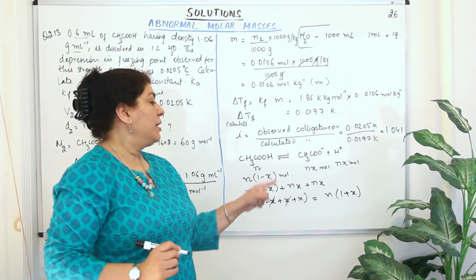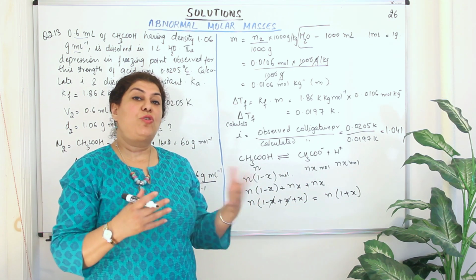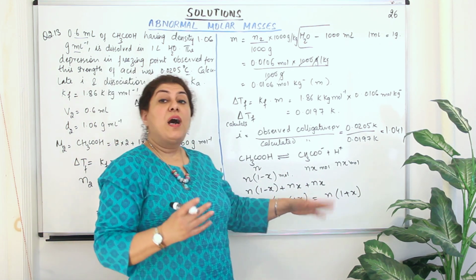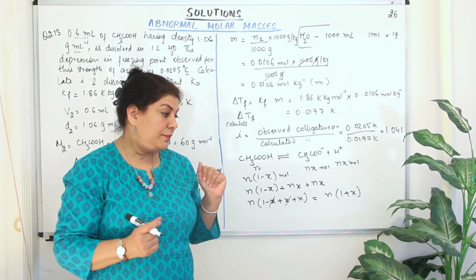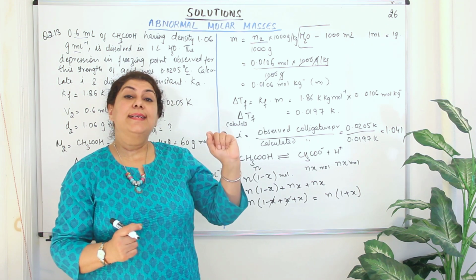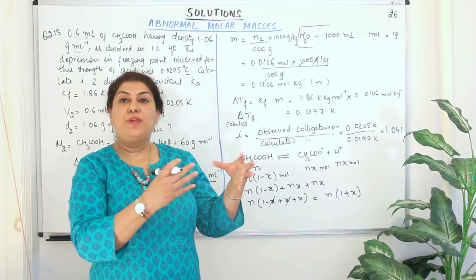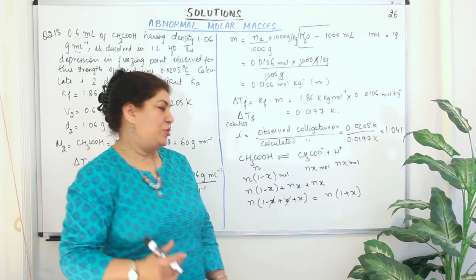Now this is the total number of moles of the solute present, either in the associated or dissociated form, after dissociation. We know that the van't Hoff factor can also be stated in terms of the number of moles present after dissociation and before dissociation.